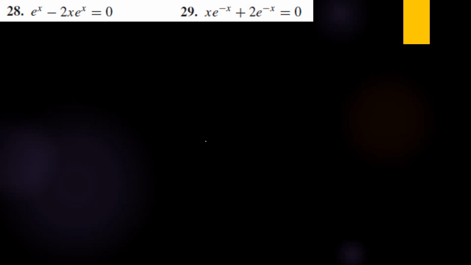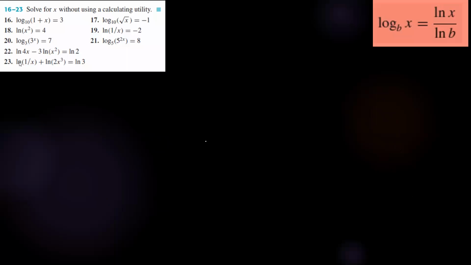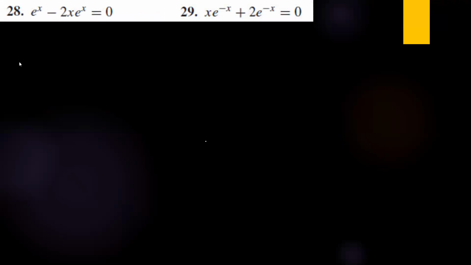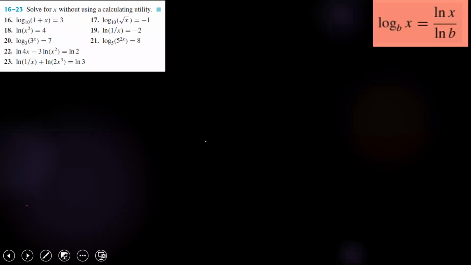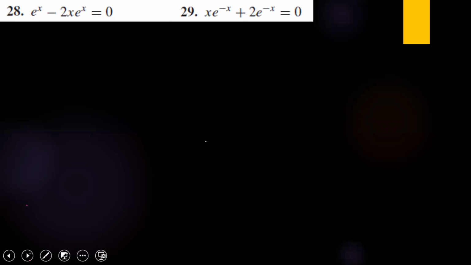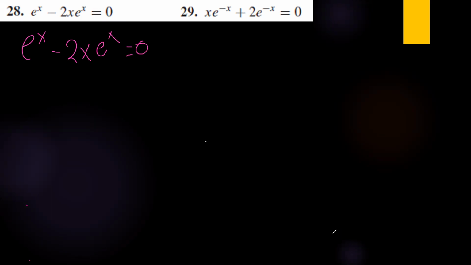Here, we have e to the power x minus 2x e to the power x equals 0. Who can give me the first step?